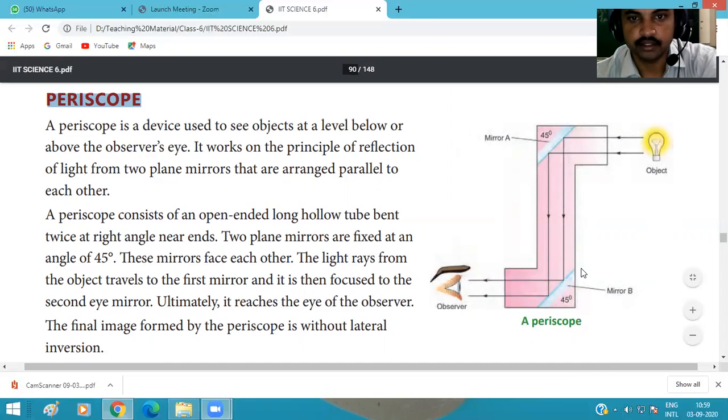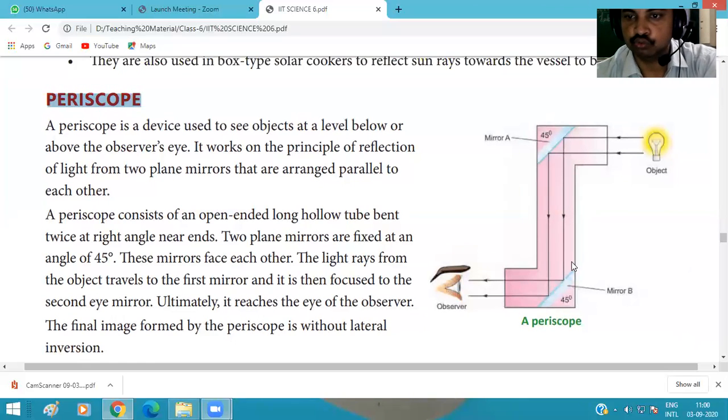In this device, we use a hollow tube that is bent twice at both ends, and we use two mirrors at a 45-degree angle.